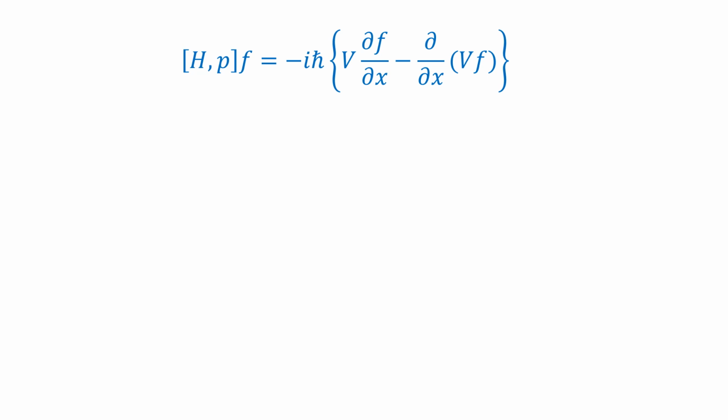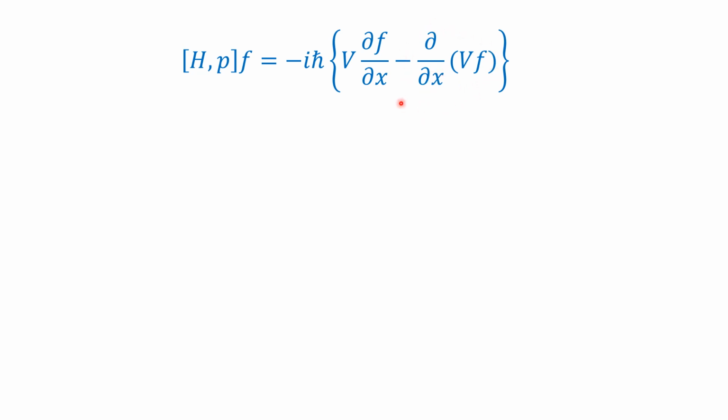So we have just seen that the commutator of H and p acting on some arbitrary function f can be written as minus i h cross times this expression, where p has already been replaced. Only thing is I have to expand this term.